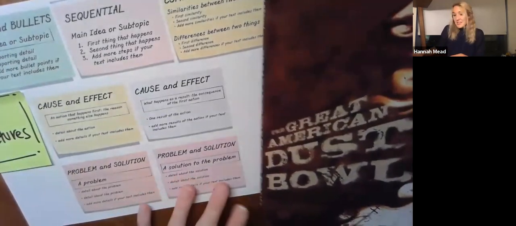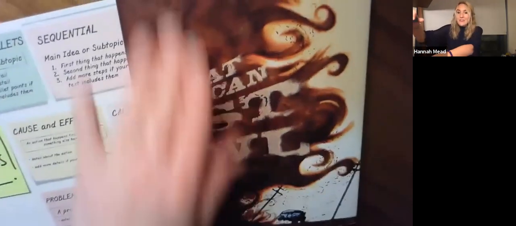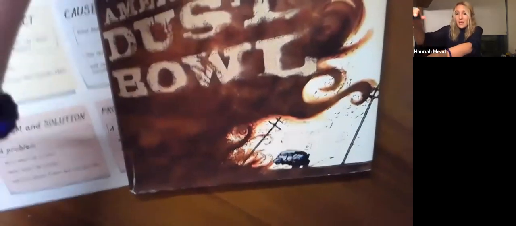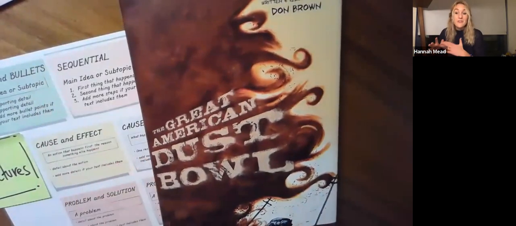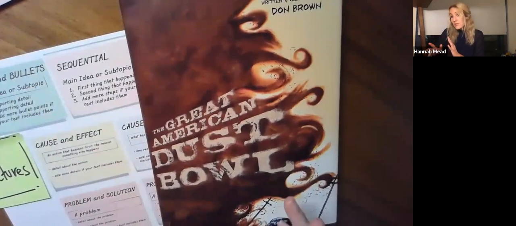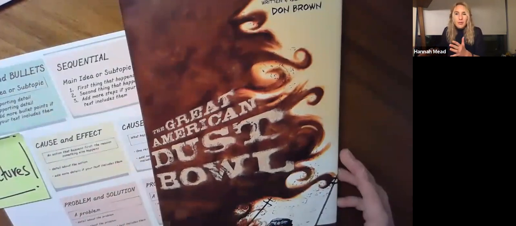It seems like this is scary, just from the text features here. We have this car being blown away. I've also heard about this in history where I think I remember it being really destructive. So I'm thinking I'll probably hear some problems and solutions, maybe like what happened and how people fixed it. But I'm also thinking that maybe I'll hear a bit of cause and effect, like why?